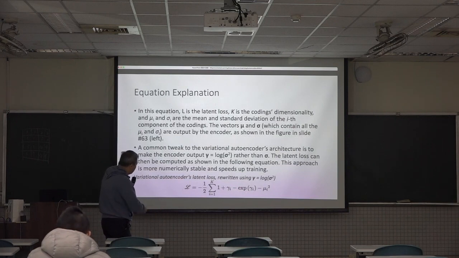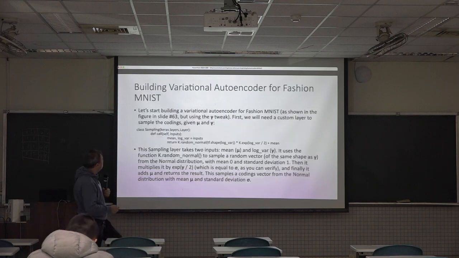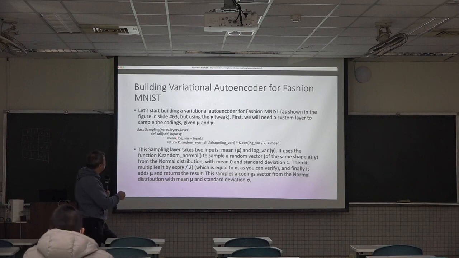The other part remains the same. That's an interesting twist. We call that a trick that we can use for the variational encoding. And in this sampling function, we actually make use of that gamma trick. You can see we have a log var that represents that gamma.